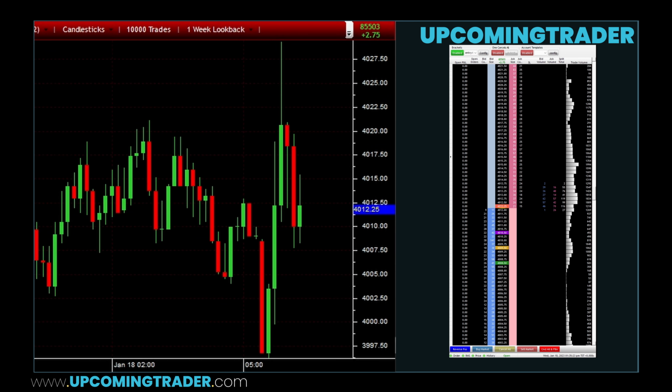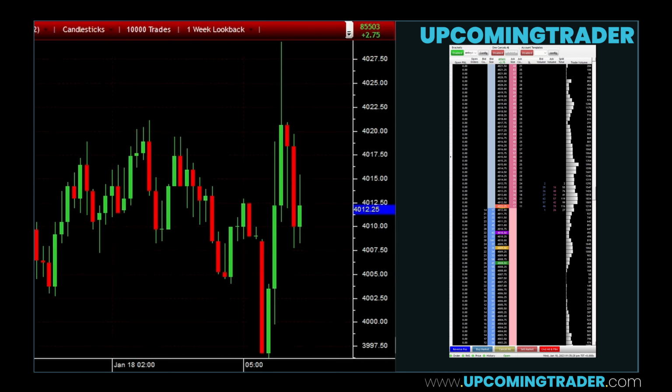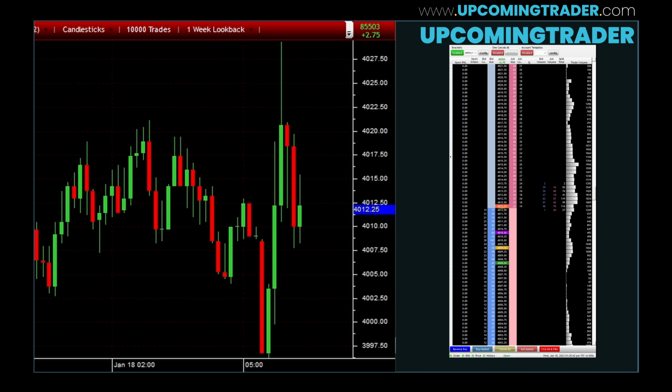The fixed volume profile is also a great tool for managing your risk. When you are setting stop-loss orders, try to place them just beyond a high volume node or the point of control. If the price moves through one of these levels with strong volume, it often means the market is changing direction. Also, think about your position size.